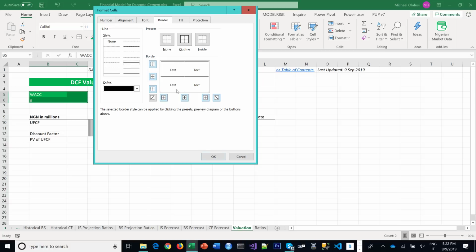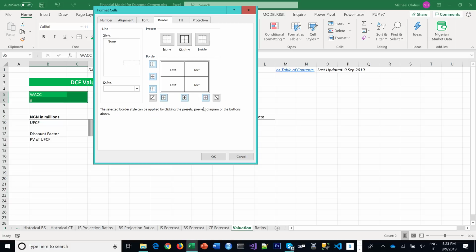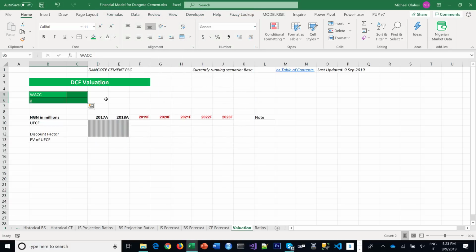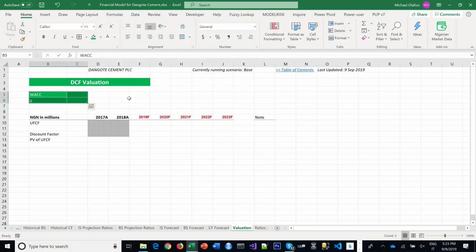And when I'm done, I can now make it white. Okay, so I have made it white, white, white, white. It makes it look kind of cool if you ask me. Bold.